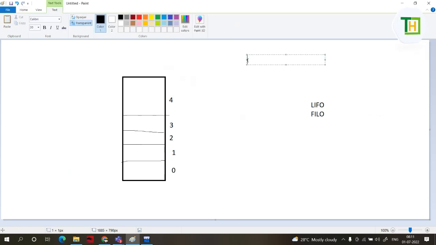The size is 5, for example. If the size is 5, the stack is going to be like this. If there are no elements, there is only one variable, that is top. The top is always at -1 initially. That indicates there are no elements in the stack.